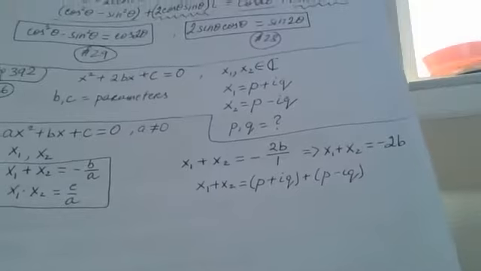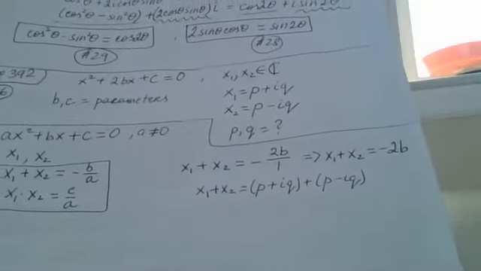Can we cancel anything? Yes. Can you see that these two numbers, p plus iq and p minus iq, are complex conjugates? They have absolutely the same real part and opposite imaginary parts. Can we cancel imaginary parts?